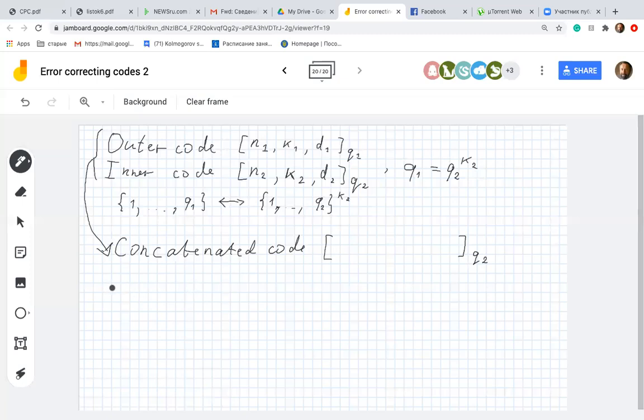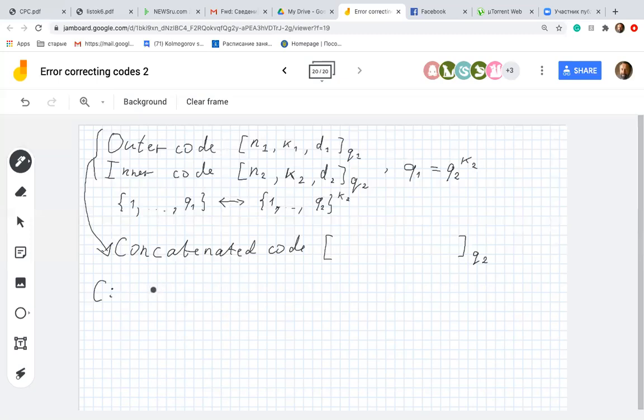And the idea is the following. We use the outer code in which each letter is considered as a message of the inner code, and it's encoded by the inner code. That means that the concatenated code has the following set of code words. Each code word is specified by a code word of the outer code.